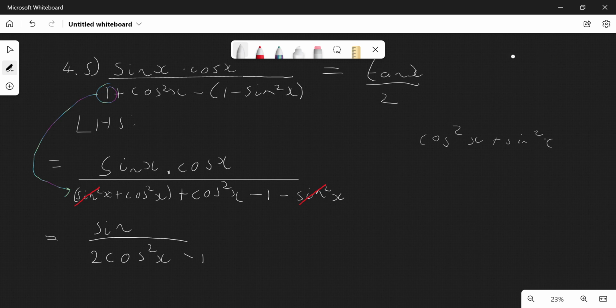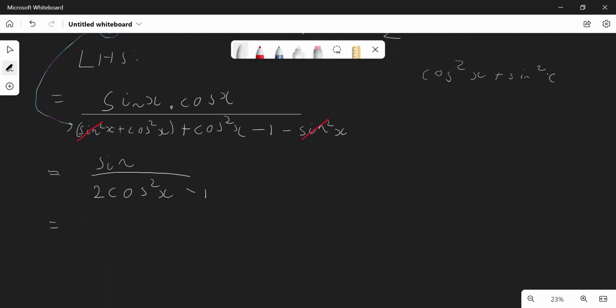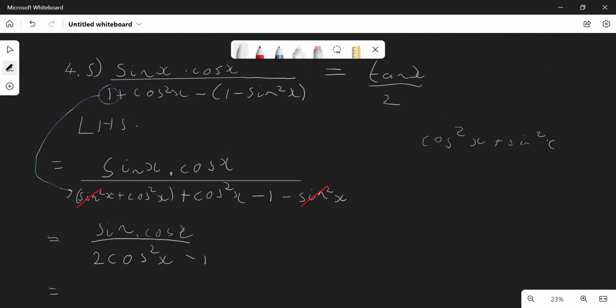Let me see now. I think I've made a mistake somewhere. Sine x cos squared x gives us that and that.